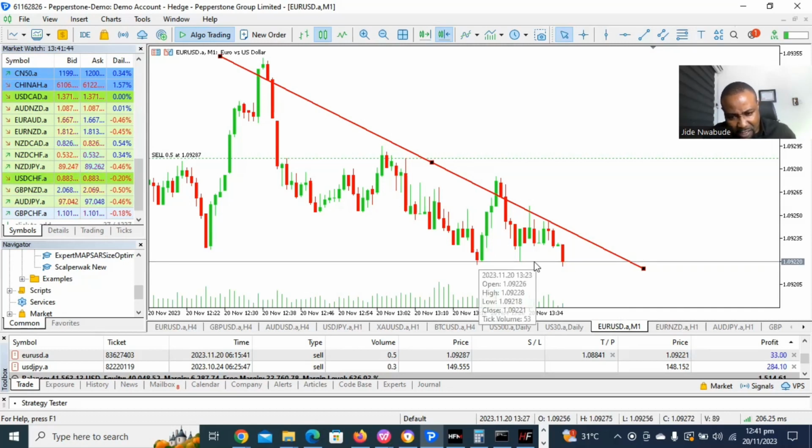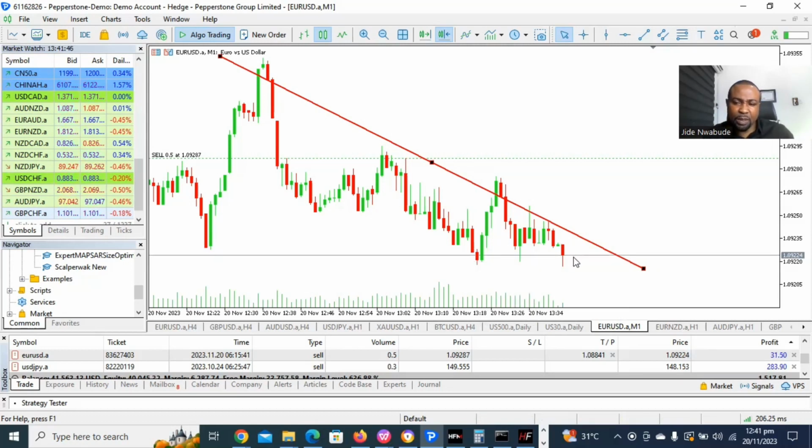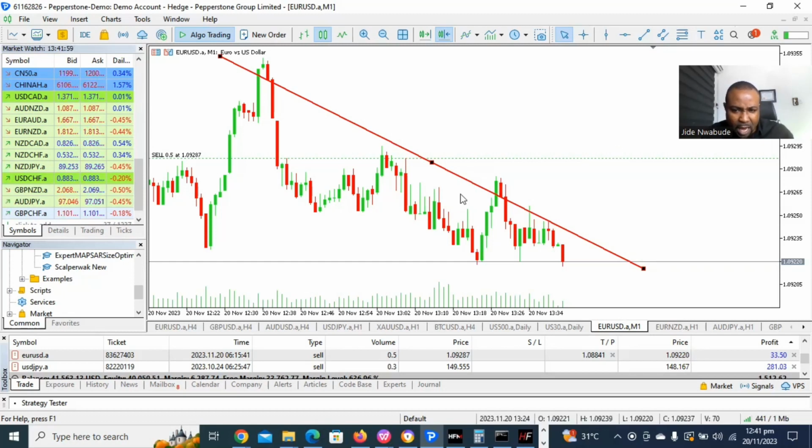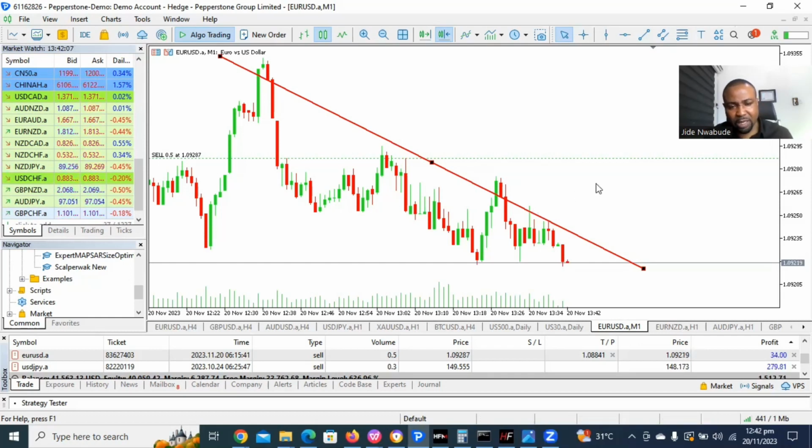If here is lower than this, we say the trend has been invalidated. Or where this low here is higher than this, that means it has started a new one. So price will go up above here. It has created a new high above this point. Then I can say that this trend is no longer valid. The market has started another trend, depending on the time frame you're looking at.